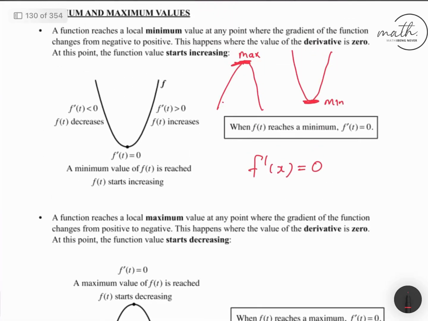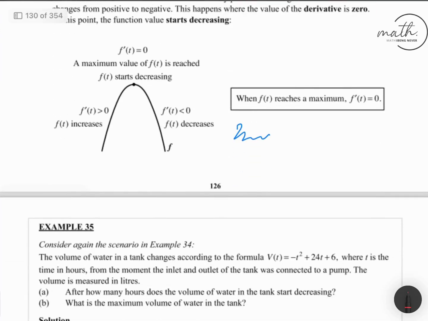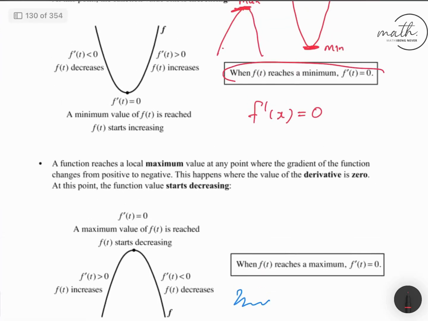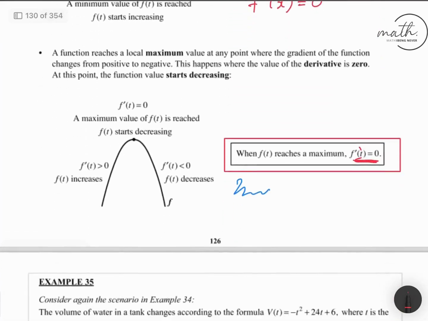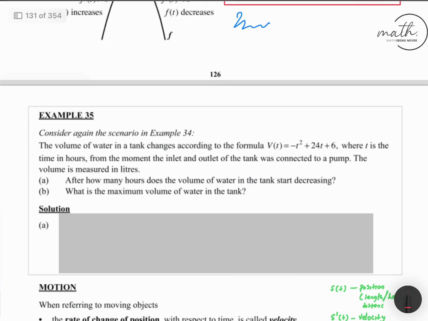As easy as that. For every single situation, when they say minimum or maximum, just find the first derivative of that equation. So here, as you can see, for minimum, and here also for maximum, still the first derivative equated to 0. And it doesn't matter which one they asked, for both of them, the same thing.